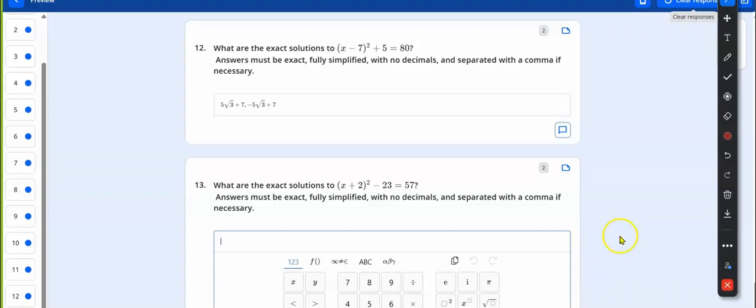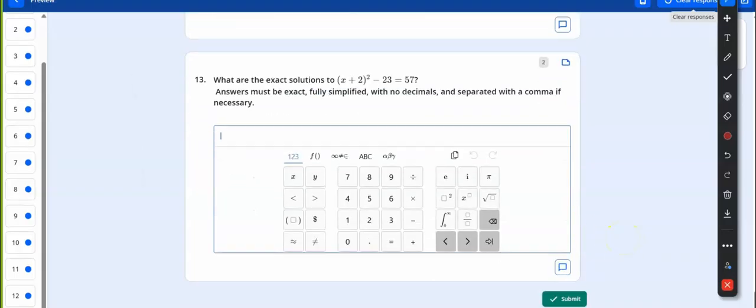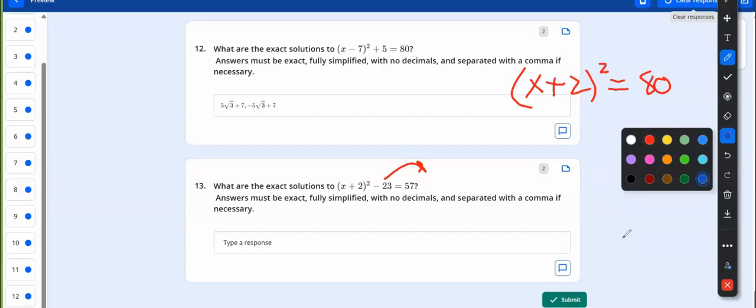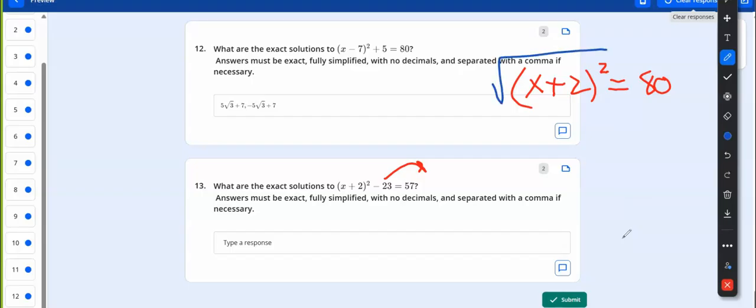Okay, so what are we going to do on this one? Add 23. Moves that over. X plus 2 squared equals 80. Now what? Square root them both. Good.